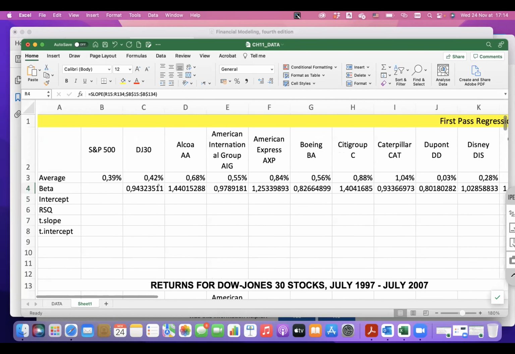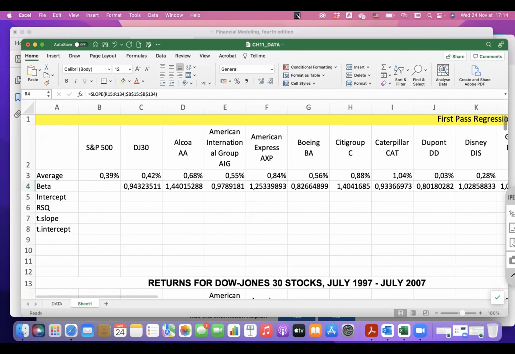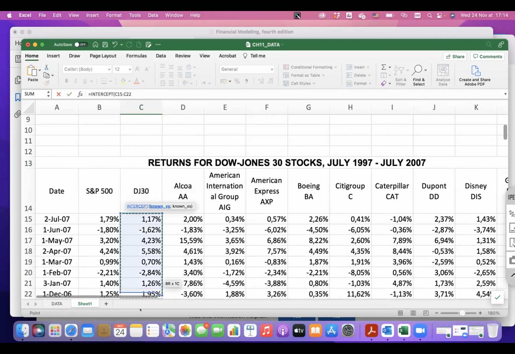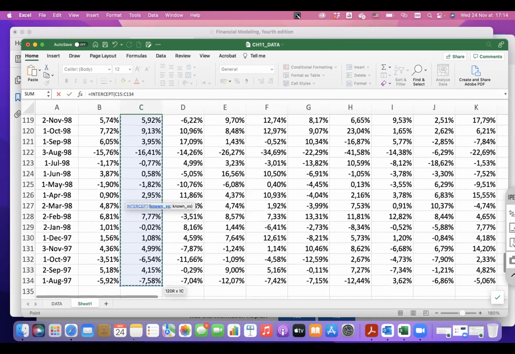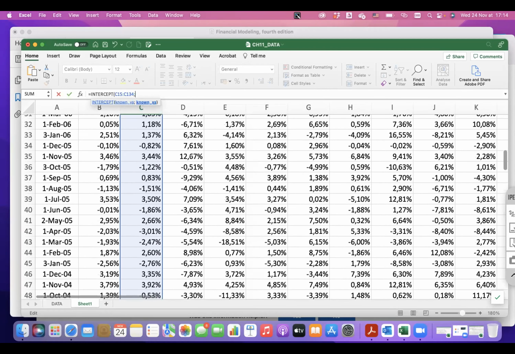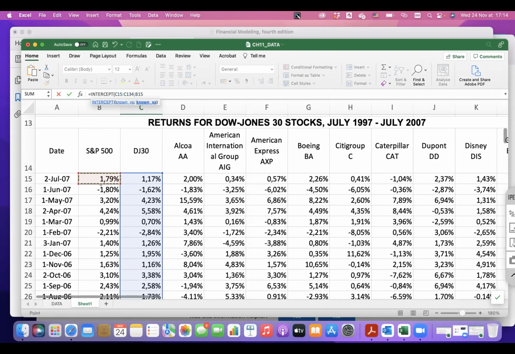Okay, guys. Now the intercept. There's a function called intercept for the regression. Same thing. We first select the y, the data for the y variable. Then we select the data for the x variable, which is the S&P 500.